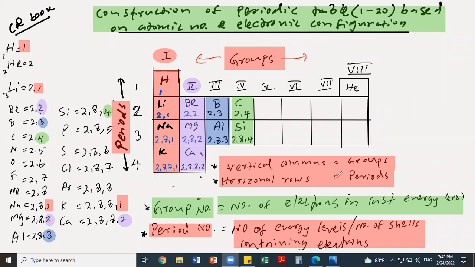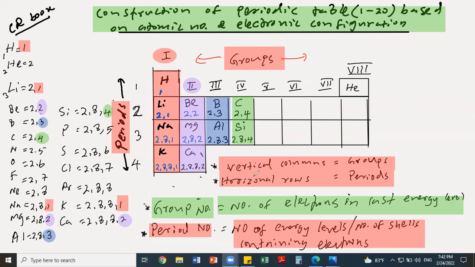Who can tell me the 2 elements that belong to this? Look at the outermost electrons and tell me which 2 of the remaining elements come to the group 5. Any volunteers? Look at the configuration, look at the outermost shell and tell me. Hurry up, you know the method now.